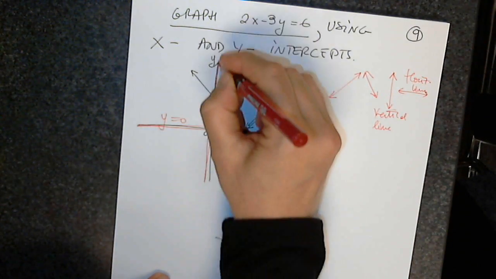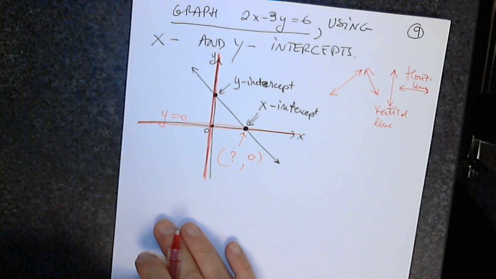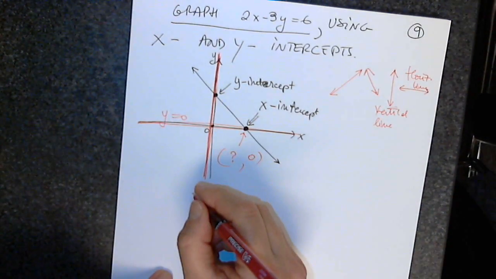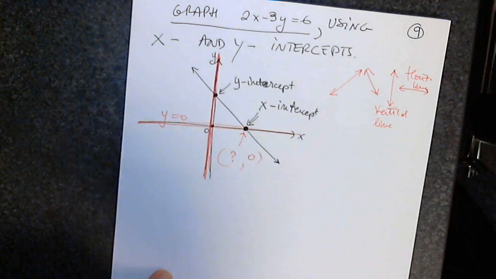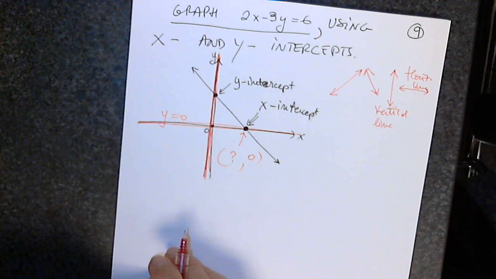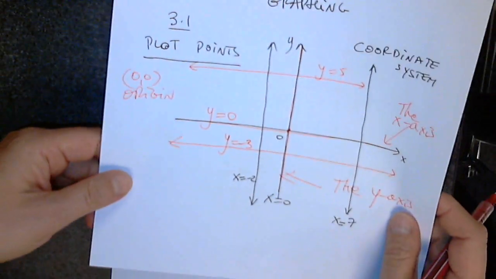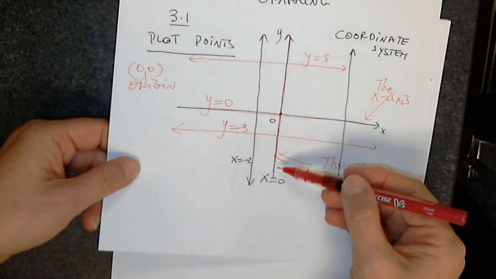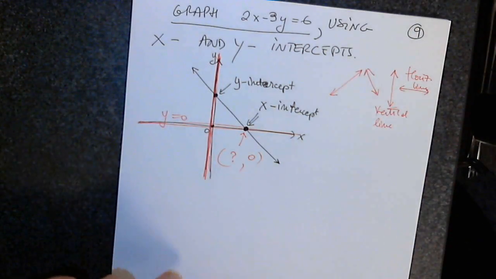Okay, what did we say about the equation of this line? So this is the y-axis. What is its equation? Okay. Careful. Yes. The y-axis has the equation x equals 0. Very good.